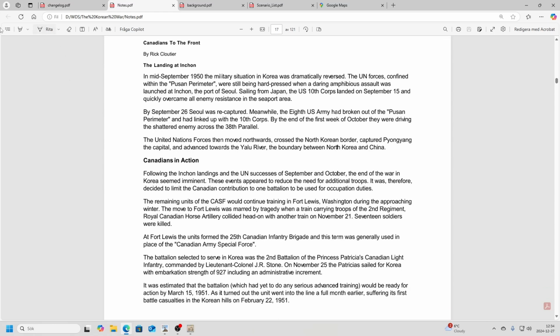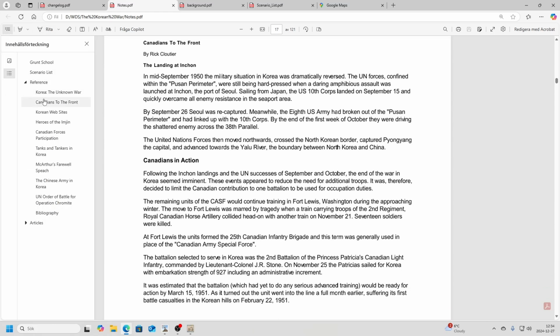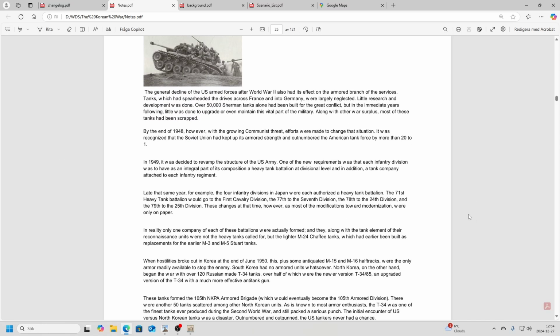And the really cool thing is that they have different articles about Canadians, heroes of Canadian forces, participations, tanks and tankers. This is really interesting as well.